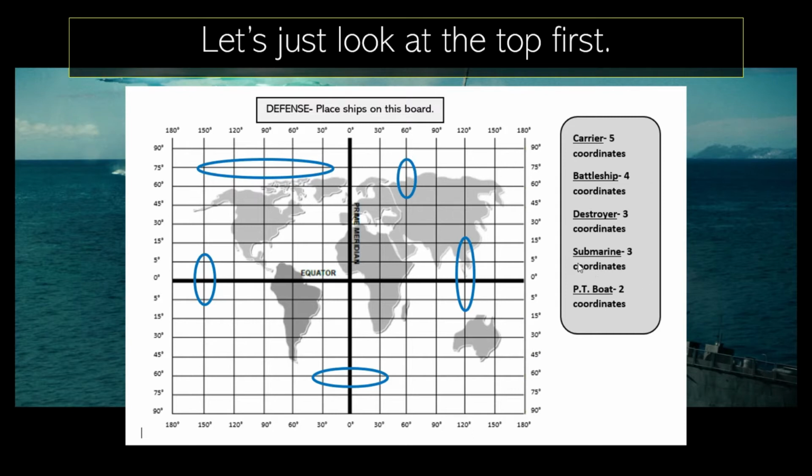This, the PT boat, is 2 coordinates, and it's on the 60 degrees east longitude line. So you can't go diagonal, but you can put these ships anywhere you want on this grid as long as they're covering the correct amount of coordinates.